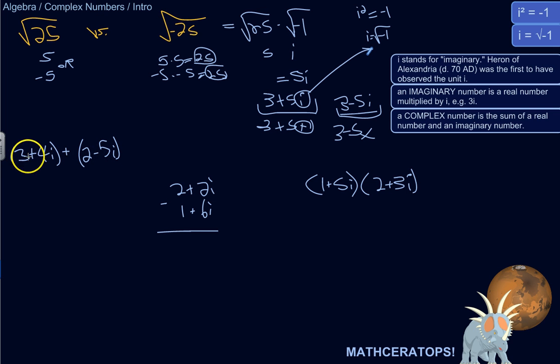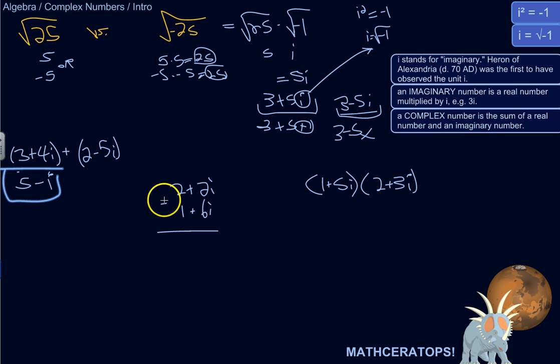So we've got the complex number 3 plus 4i, and we want to add it to the complex number 2 minus 5i. So we can add like terms. 3 plus 2 is 5. And then 4i and negative 5i are like terms. So 4i plus negative 5i is just negative 1i, or just negative i. So we've just added two complex numbers, and we get a complex number, 5 minus i.